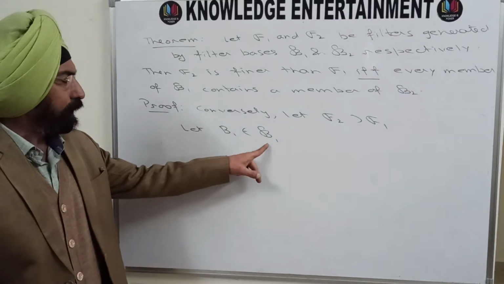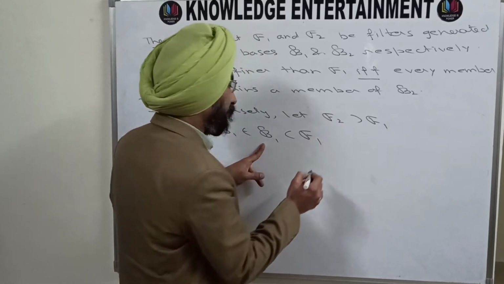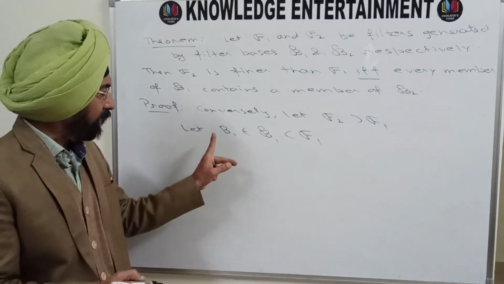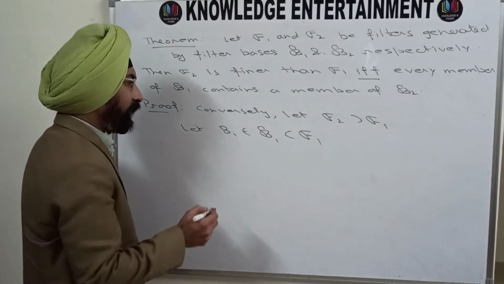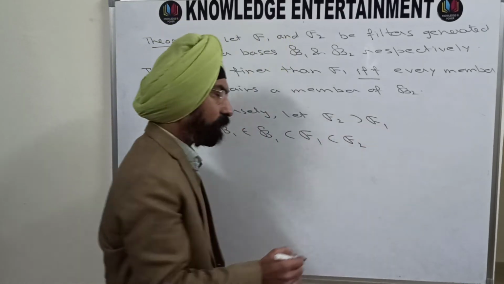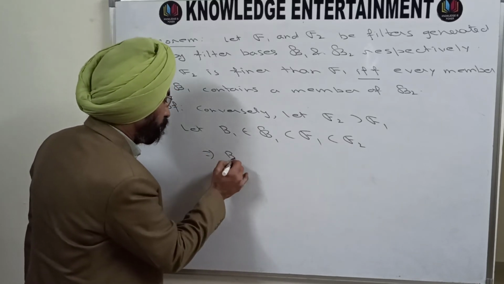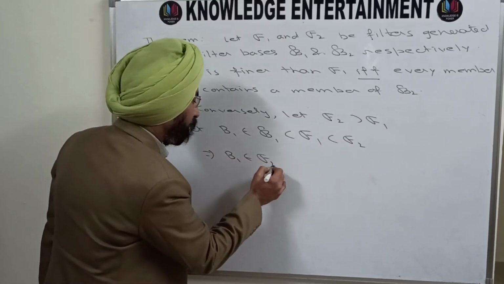B1 is a member of B1, and this B1 is a subset of the filter generated by B1, that means F1. So B1 belongs to F1, and F1 is contained in F2. So F1 is a subset of F2. That means B1 belongs to F2.